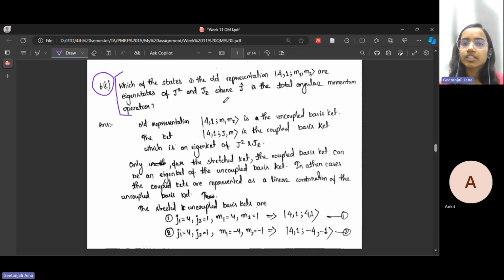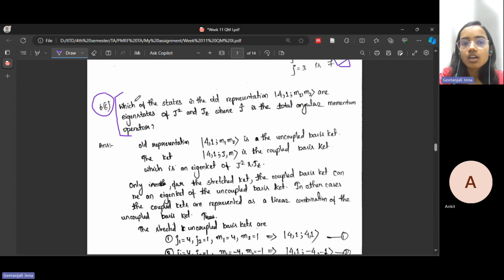So the problem is in continuation of the two problems that I've solved before. It is like this: which of these states in the old representation, which is this one, 4, 1, M1 and M2, are the eigenstates of J square and Jz, where J is the total angular momentum operator.